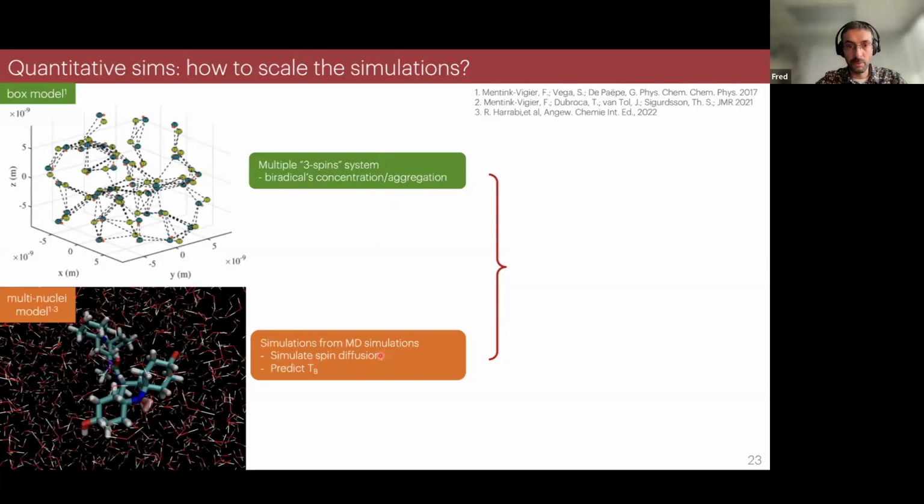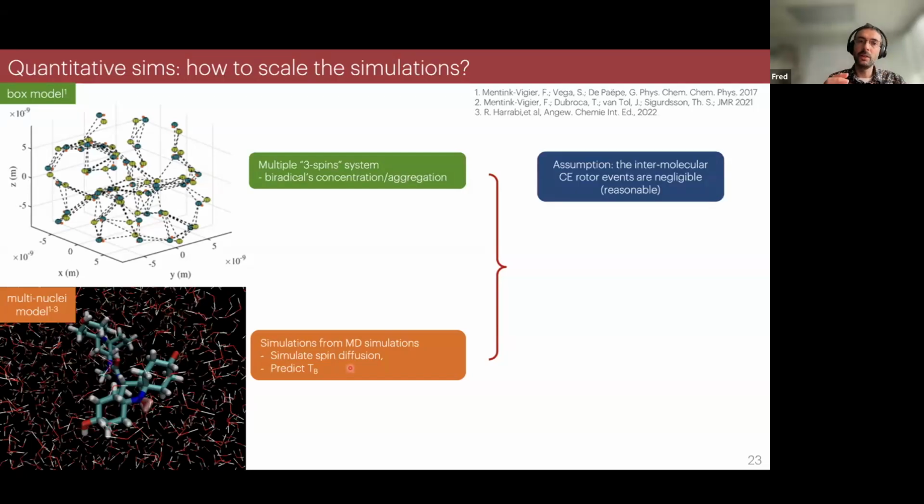The second model is good to understand spin diffusion and predict the build-up times. So actually, you can combine these two models if you assume that the cross effect occurring between biradicals is not important. So only the cross effect occurring within one biradical is important, not between radicals arising from two different biradicals. And this is actually very reasonable when you do the simulations.